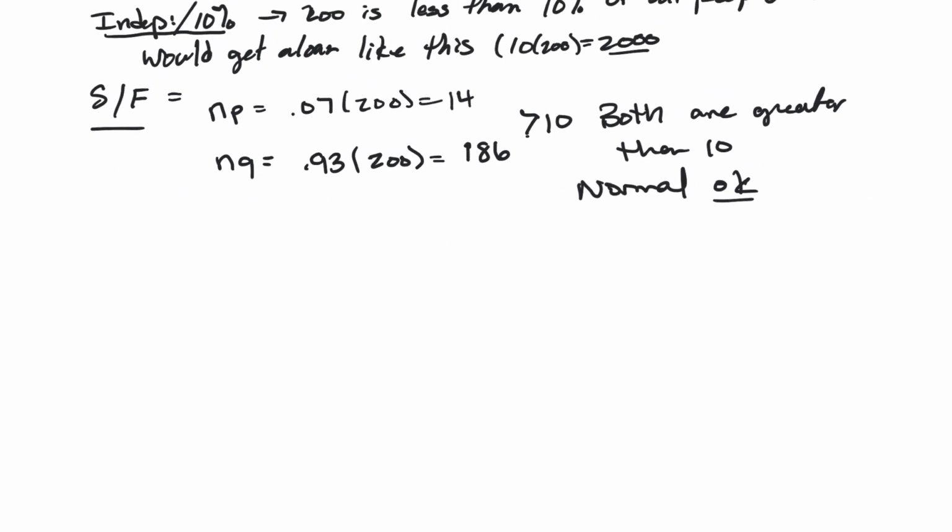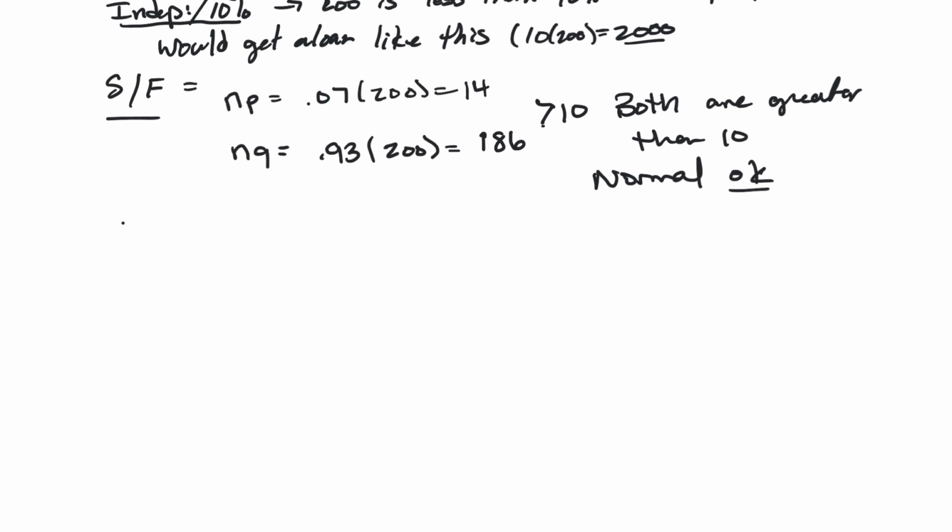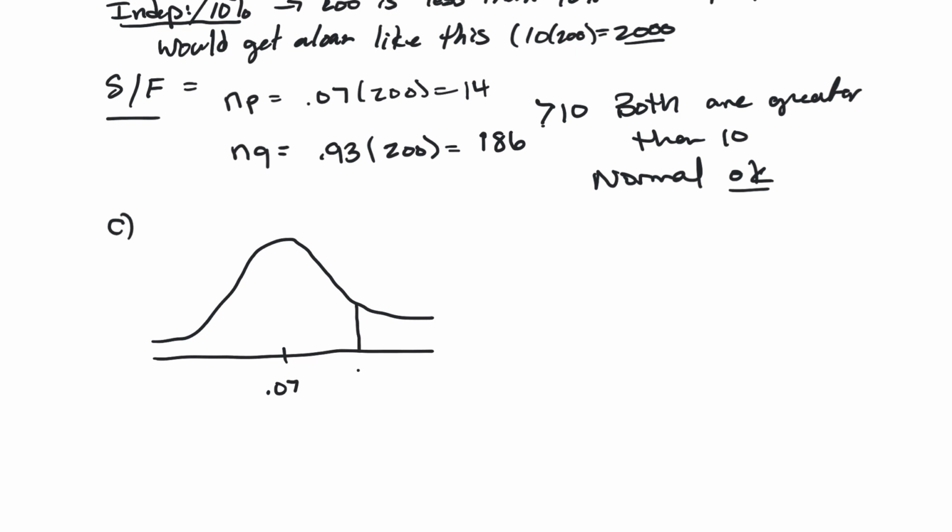In this part of the question, it's asking me to consider what's the probability that, if I had a scenario like this, more than 10% of the people would have been late on their payments, or not make timely payments as it says. And so the first thing I want to do is draw this picture.